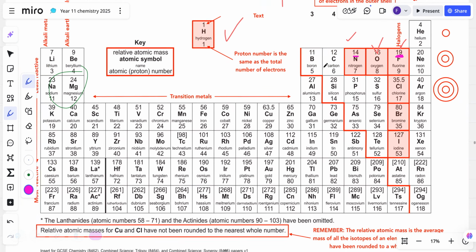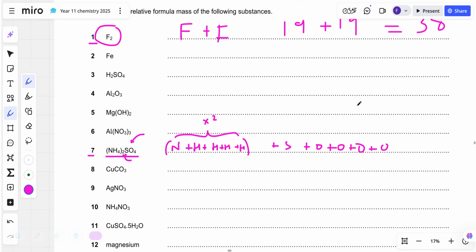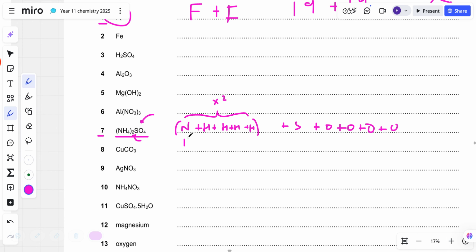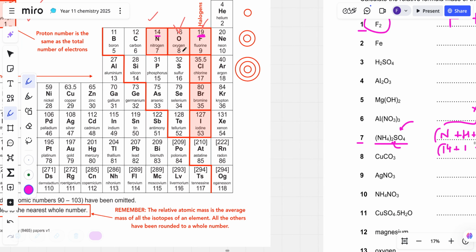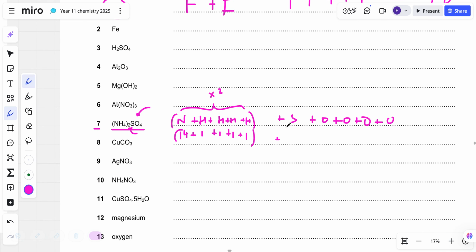Nitrogen is here. Oh my God, I underlined it as well. 14 plus hydrogen is 1, add 1, add 1. You can go the long way, I don't mind. Add 1, put that in brackets, plus S, which is here, 32. And oxygen, that is 16.